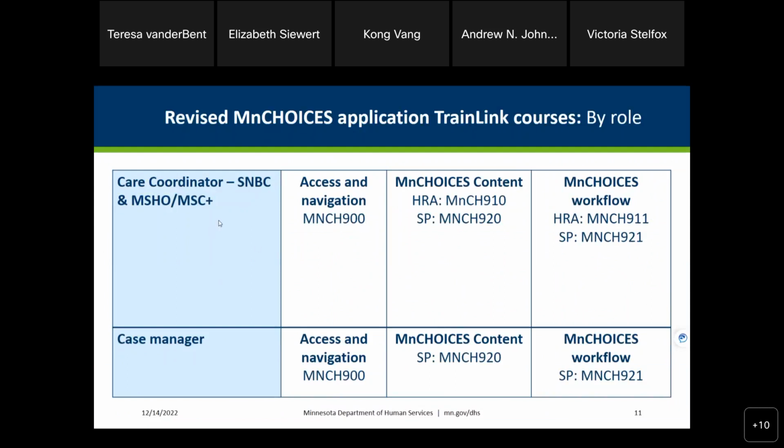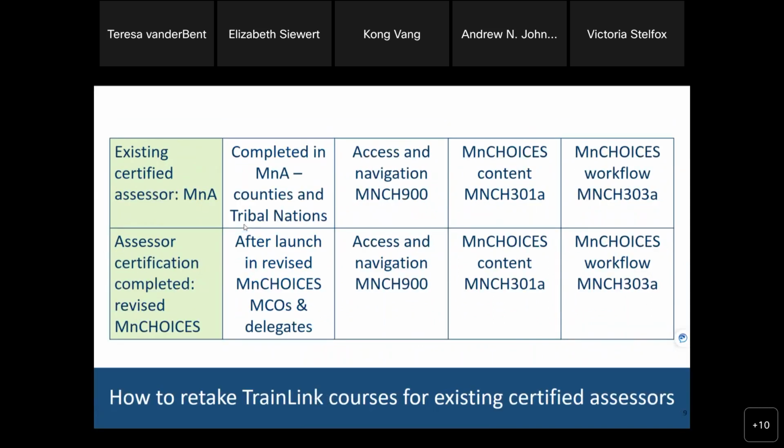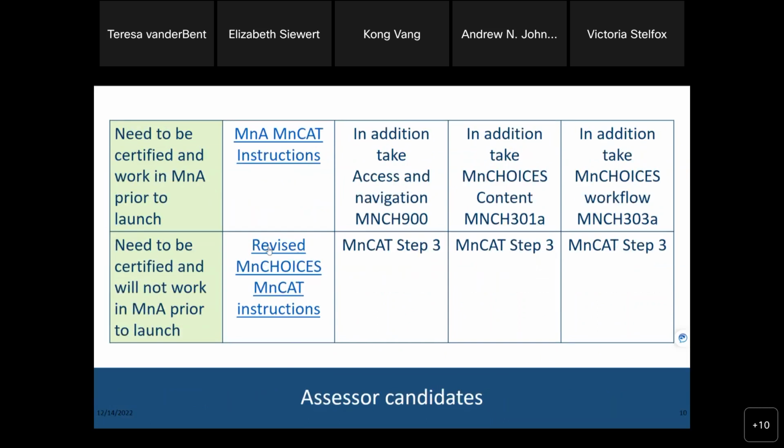If they're care coordinators and they will be doing assessments, then you would have them first get their certification, and that is different from this. They would be taking their certification here, and when they do, they'll be taking all of the access and navigation content and workflow as part of MnGAT Step 3. It's built into it. I see. Okay, thank you for clarifying. You're welcome.